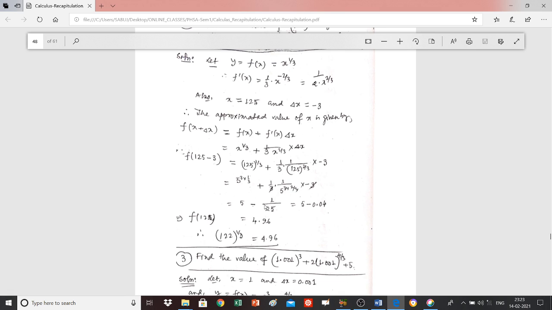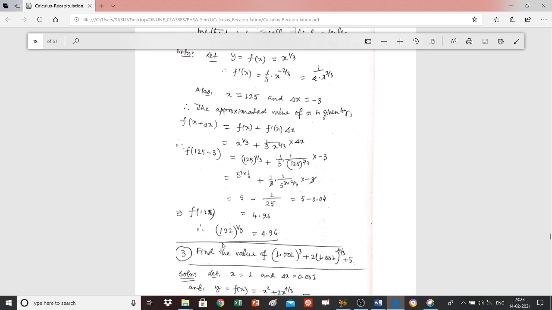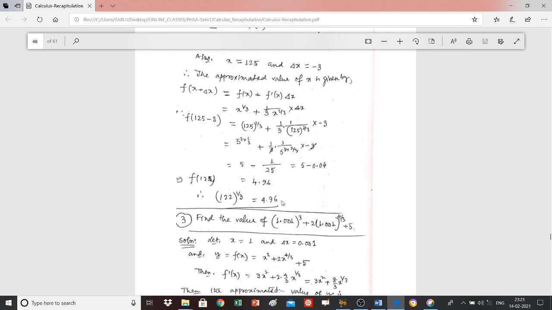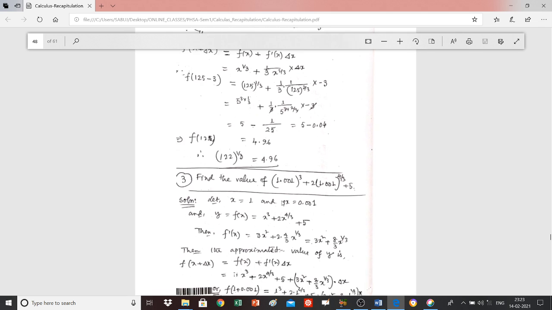So actually it is 5 minus 1 by 25, that is 5 minus 0.04, which is 4.96. So the cube root of 122 is 4.96, calculated very nicely.